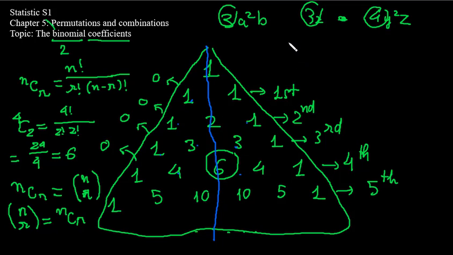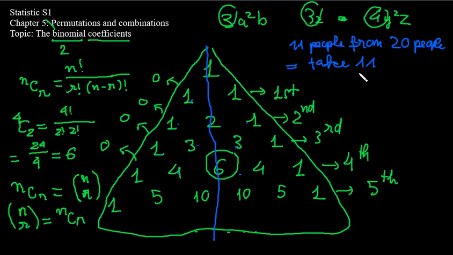When we choose 11 people from 20 people, we can take the 11 people we choose, or we can take the 9 people we do not choose. Either way will provide the same number of ways to do so.